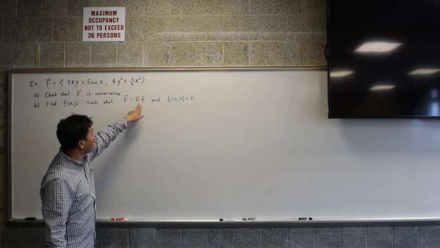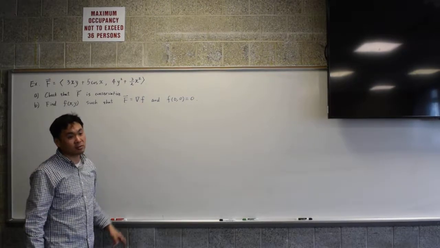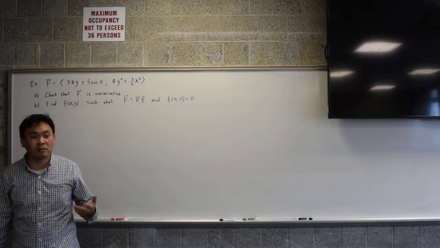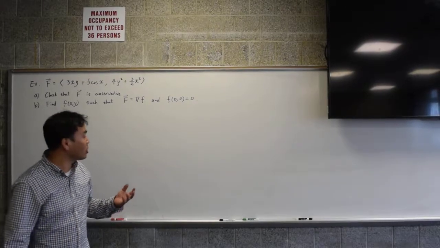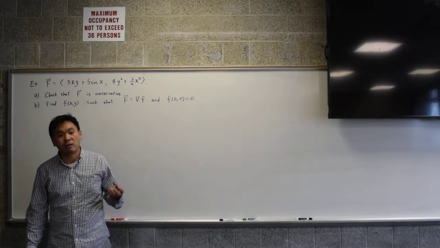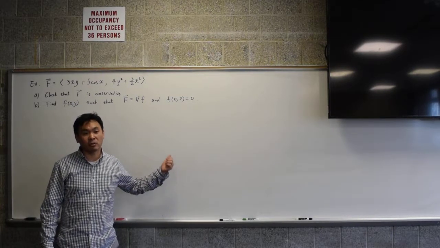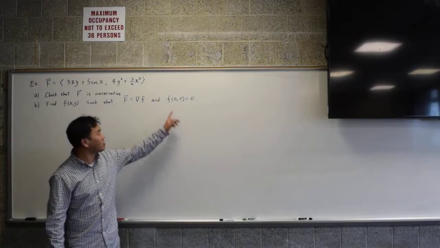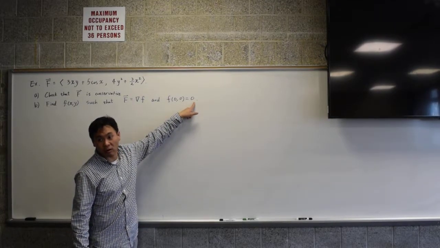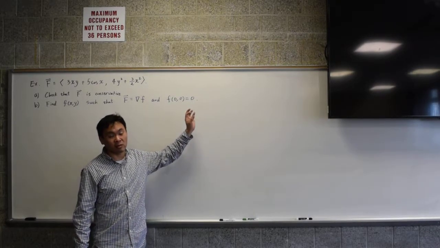Just like how you find the antiderivative in the usual calculus 2 context, you always get the integral constant plus c when you integrate, and you need this extra condition in order to figure out the exact value of c.